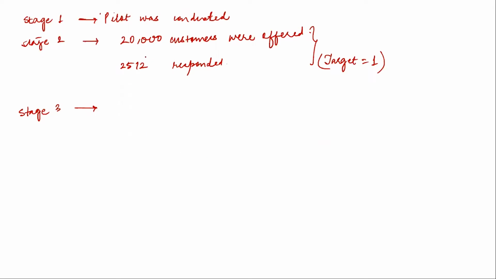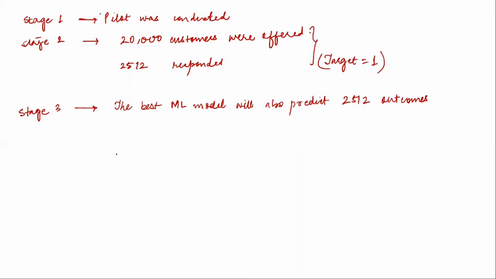Say the best ML model, an ideal ML model, I would say, will also predict 2512 outcomes.